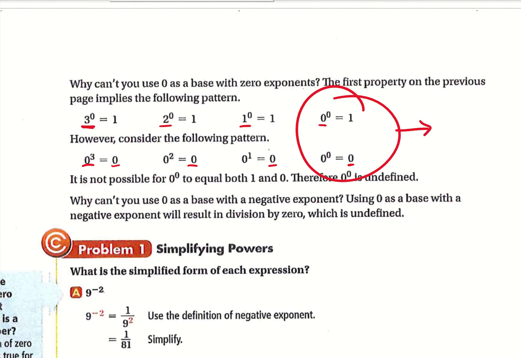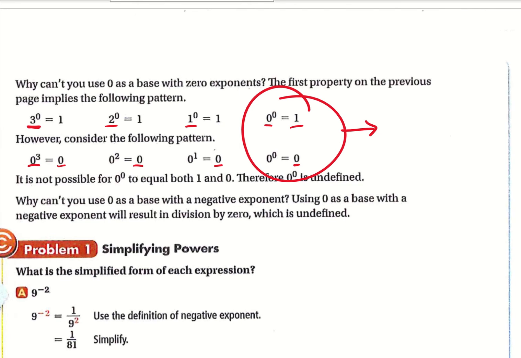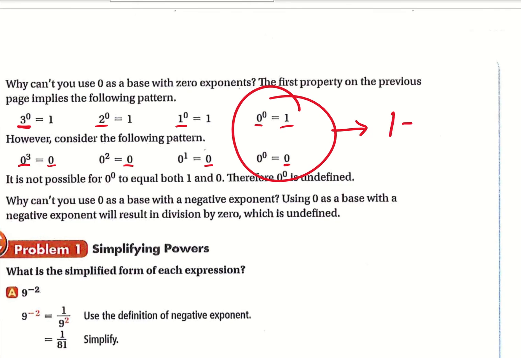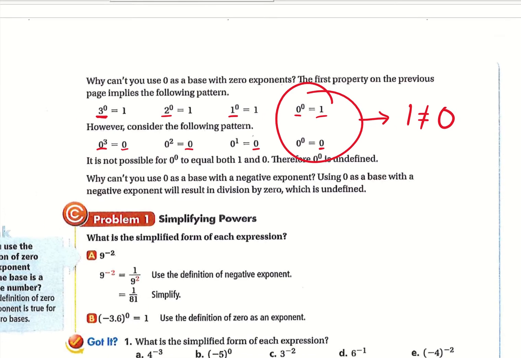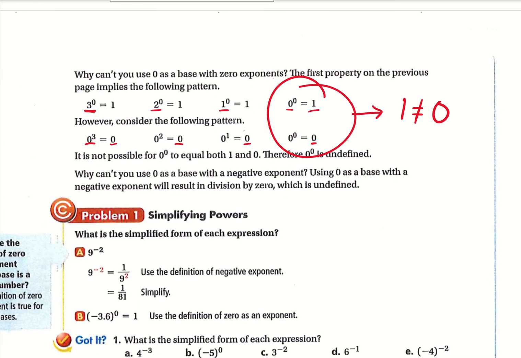So that tells us we have 0 to the 0 power equaling both 1 and 0. Obviously something can't be equal to 1 and 0 at the same time, because 1 and 0 aren't equal themselves. So that tells us that whenever we have 0 to the 0 power, and I'm going to highlight this in your book for you, that should give you undefined. 0 to the 0 power is undefined.